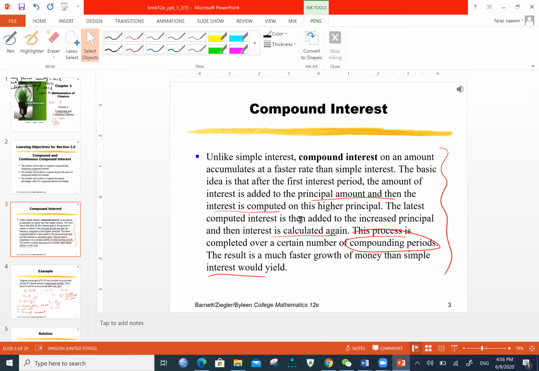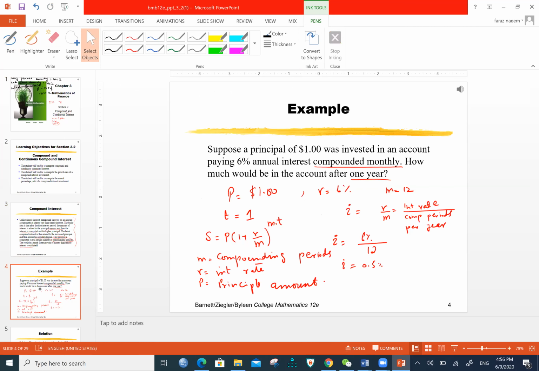Another difference is that in simple interest you don't reinvest your interest, but in compound interest you reinvest your interest and don't withdraw it, and over the period you get more interest as compared to simple interest.